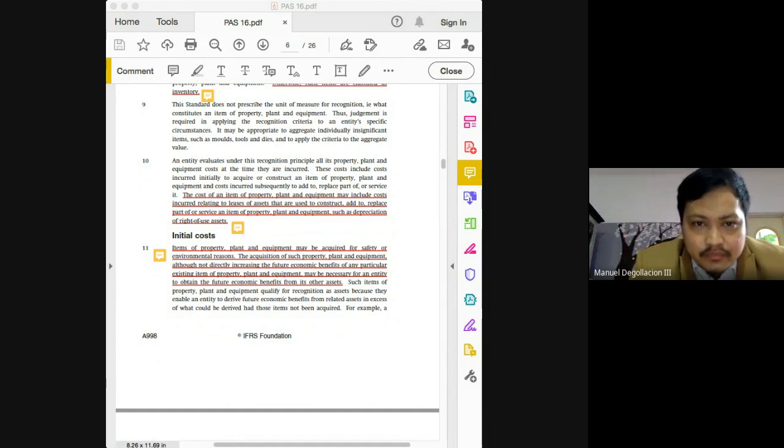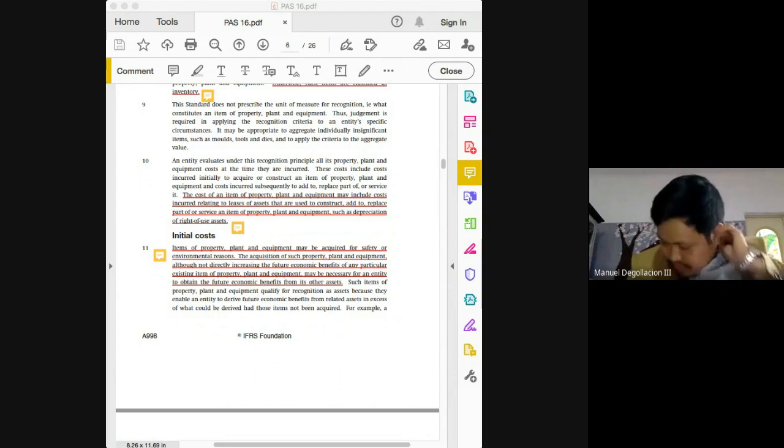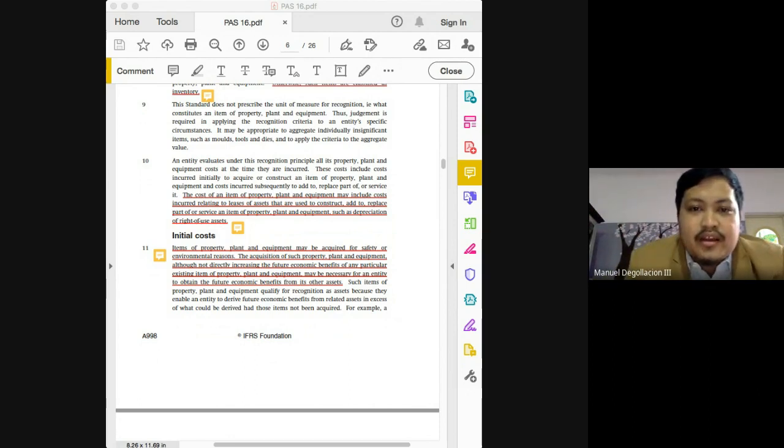So normally, the initial cost of our asset in the initial recognition would be the directly attributable costs. But again, if there are other necessary costs, then they can also form part of our initial cost, the amount that we will initially recognize for our property, plant, and equipment.